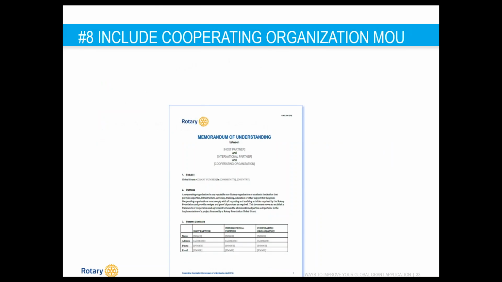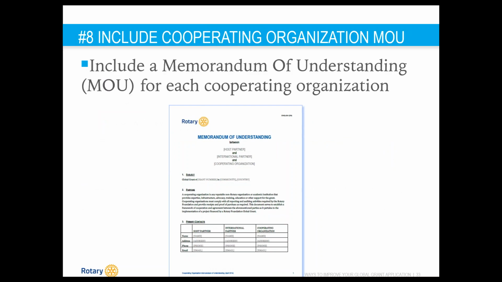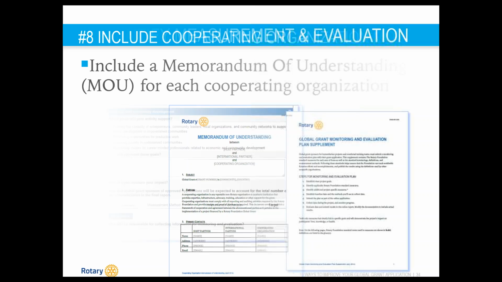Step 8. Include cooperating organization MOU. Include a memorandum of understanding, or an MOU, for each cooperating organization. You will complete a memorandum of understanding for each cooperating organization with which you're working on the project. The MOUs will be included with the grant application.